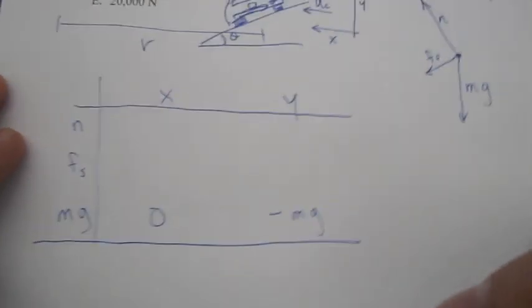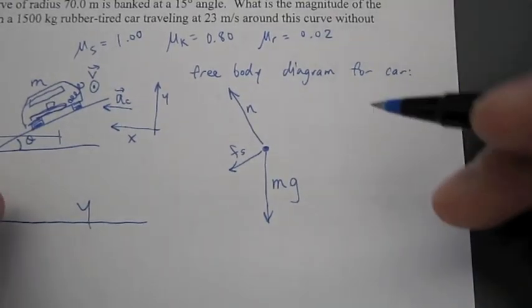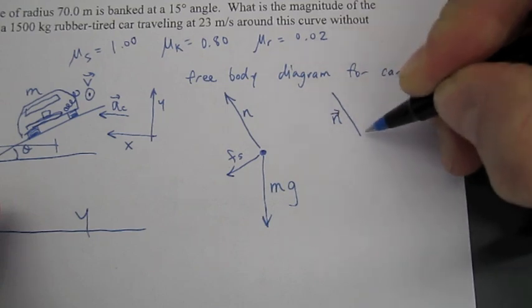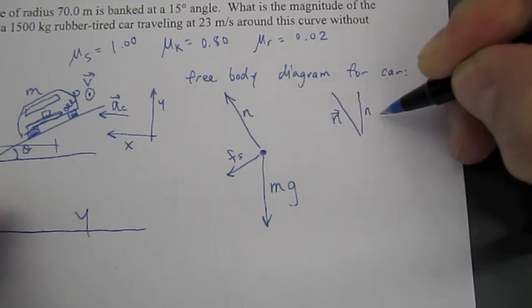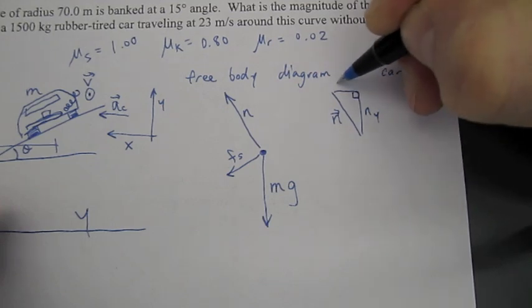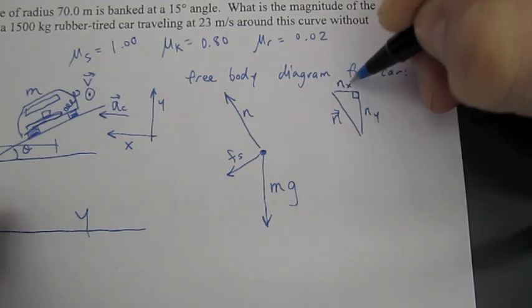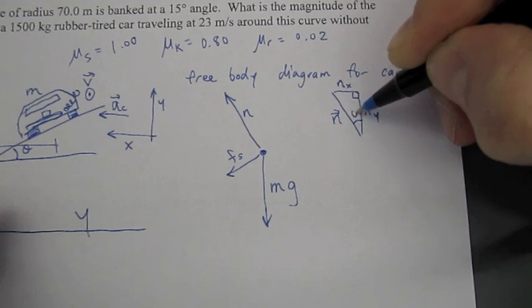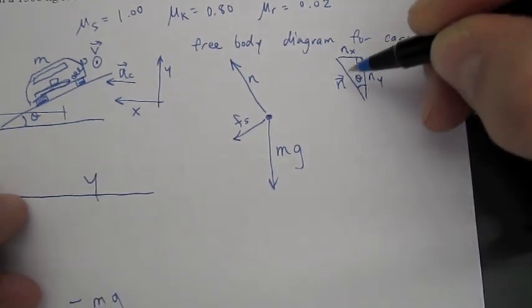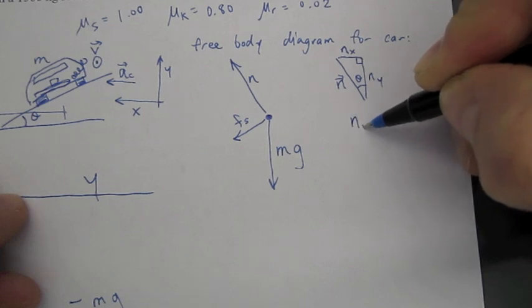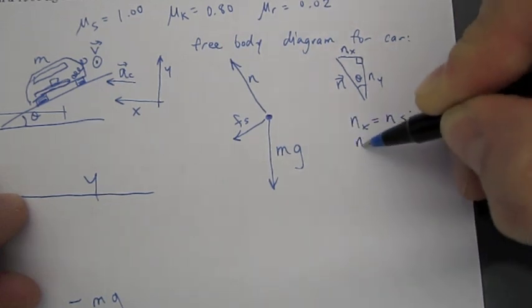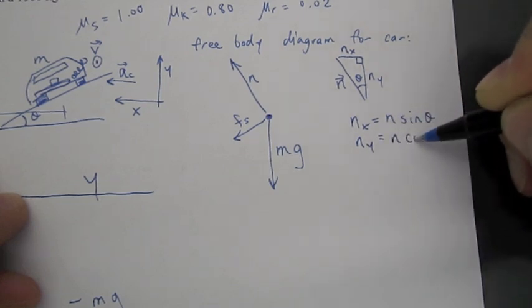The static friction and the normal force are going to have x and y components. So let's just draw this out. If this is the normal force, here is the normal force in the y direction, upwards, and here is the normal force in the x direction, to the left. They're both positive. There's your theta, and I think you'll find sine theta is n x over n, so n sub x is equal to n times sine theta, and n sub y is equal to n times cosine theta.